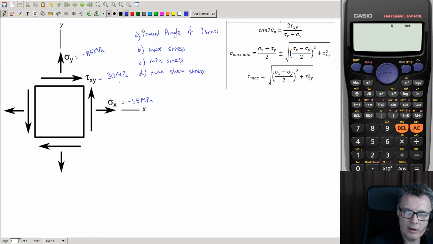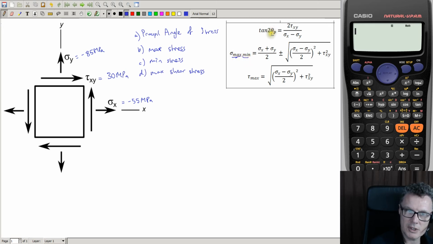And if I add on another 90 degrees, we'll get the minimum. So where the principal angle of stress is pointing, that direction will be related to the maximum, and if you add on 90 degrees, you end up with a minimum.